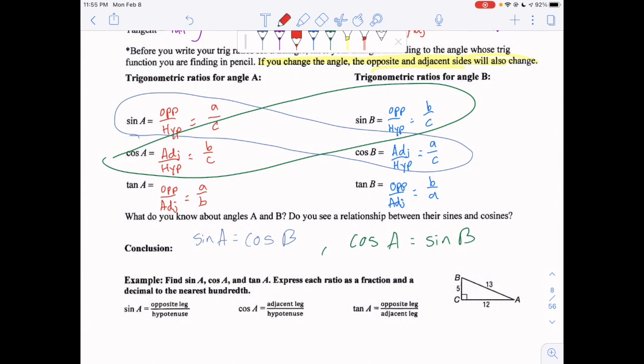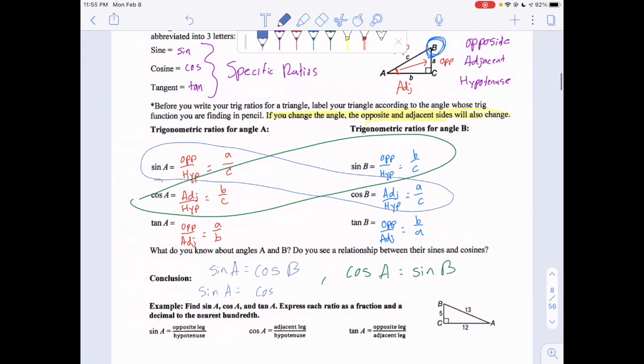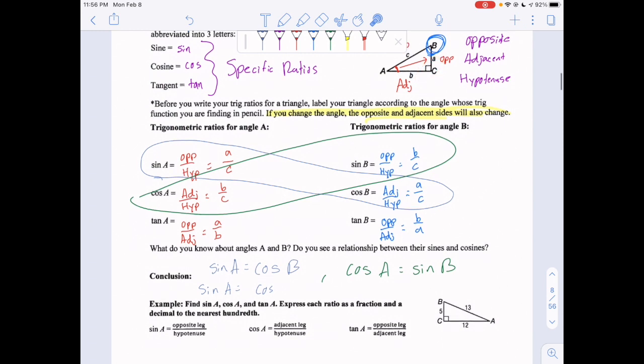And actually, if I want to simplify these formulas, sine A equals cosine, another way to get rid of this B here, because remember, angle A and angle B should add up to 90, right? Since it's a right triangle.